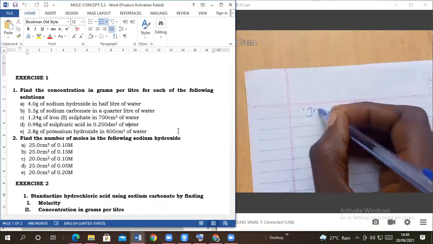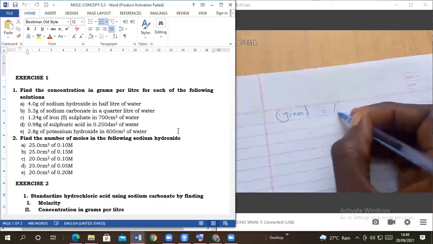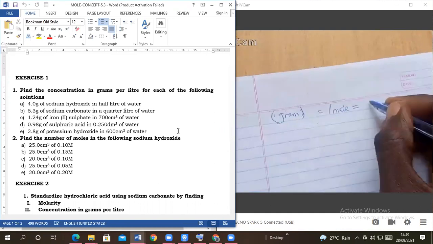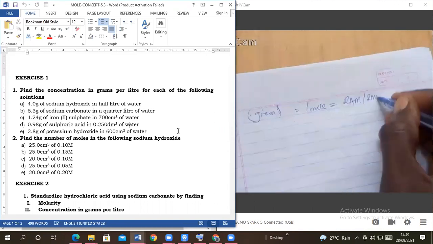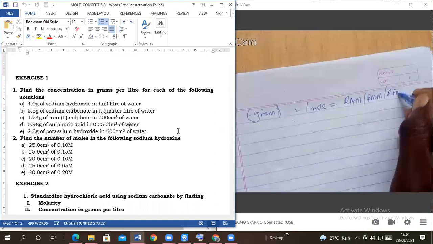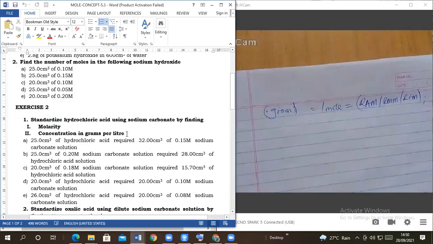the grams, we have the relationship that 1 mole is equivalent to the relative atomic mass or relative molecular mass or relative formula mass. Now this one is specific. They want the molarity of what? The concentration in grams per liter of the acid, isn't it? Of the acid, because they have told to standardize the acid with this.